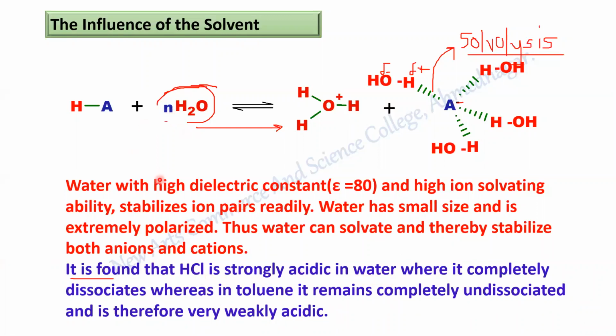So the influence of the solvent is important. If the solvent is polar, it increases the acidity of the compound. If the solvent is less polar or non-polar, then it decreases the acidity of the compound. And how does it increase the acidity?